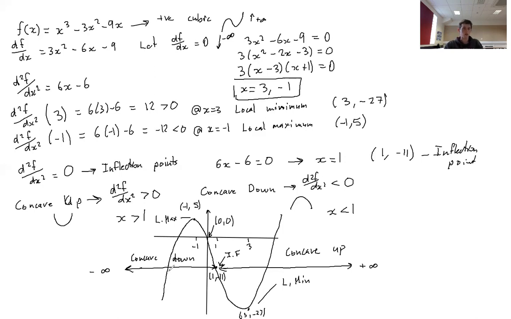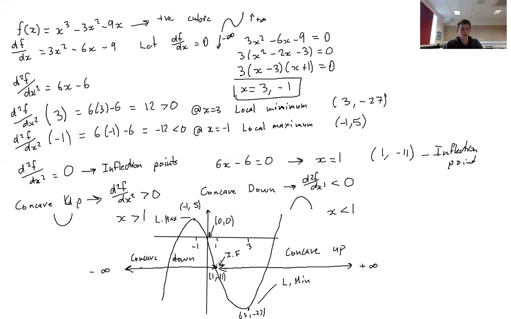So essentially, going up is increasing, and we're increasing at a decreasing rate, and then we reach our local maximum, and we continue to decrease all the way up until the inflection point.